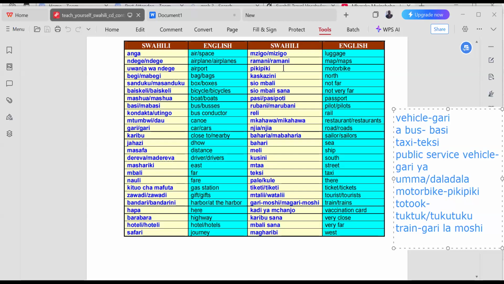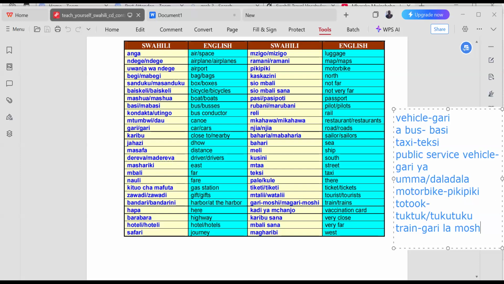My internet keeps dropping out. Okay, sorry for that. So if we are using road and rail, these are what you use: gari, basi, taxi, gari ya umma or daladala, piki-piki or tuk-tuk, or gari la moshi as it is on public transport.